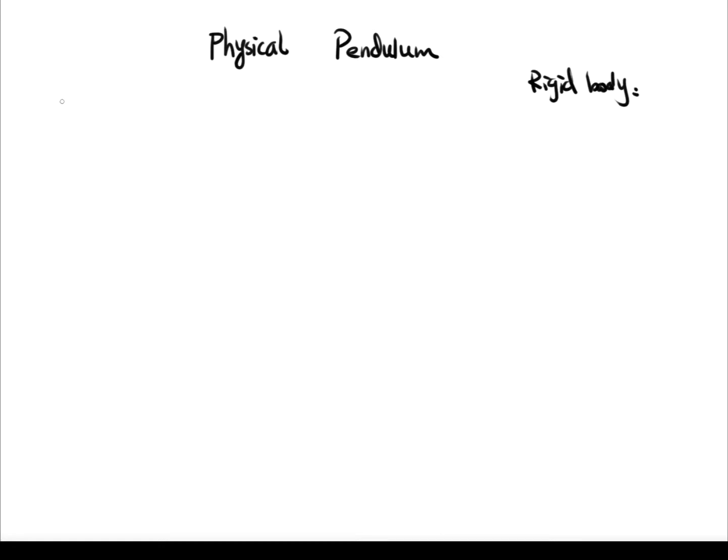So here is an example of a rigid body. Let's say this rigid body has some arbitrary shape, and the center of mass is at this location. Let me use a cross sign to represent the center of mass.